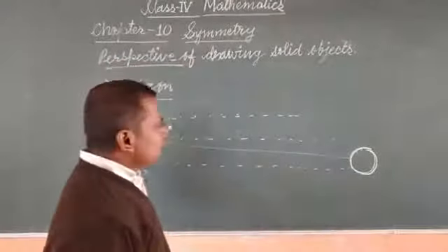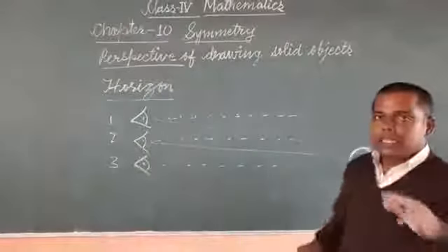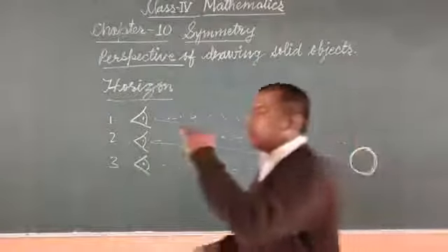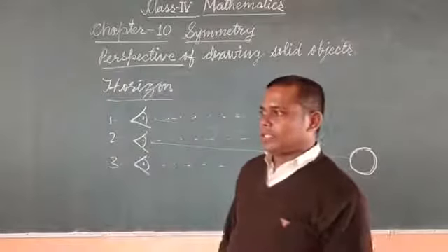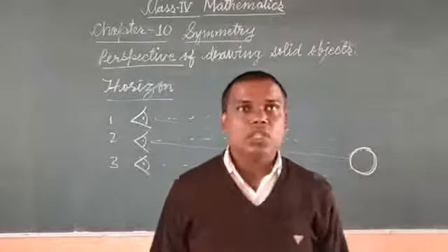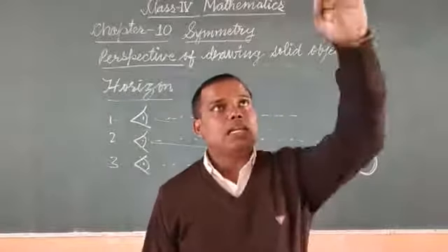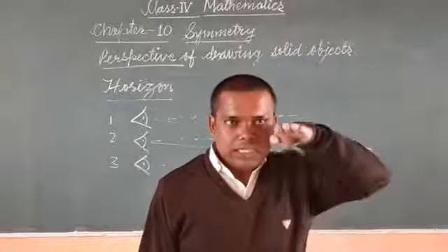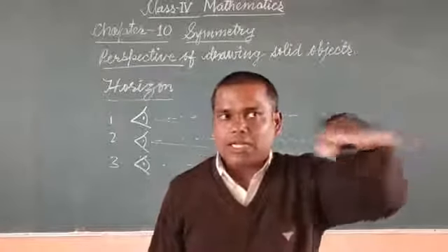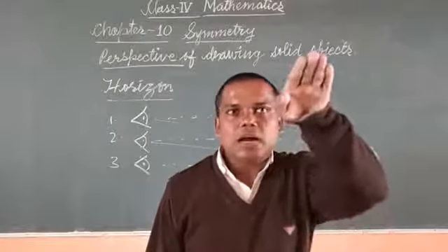The horizon is a line in the level of the eye of the viewer. Sometimes we are standing like this, and we have to see the electric pole. So we look like this, which means our horizon is parallel to our eye, but we see a little above.